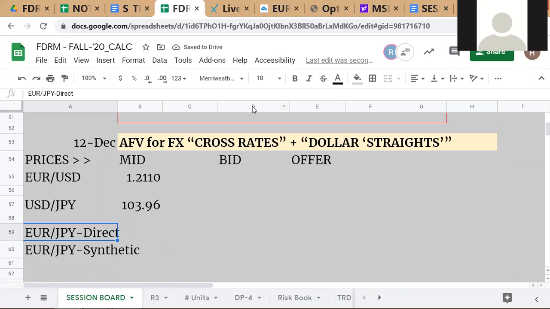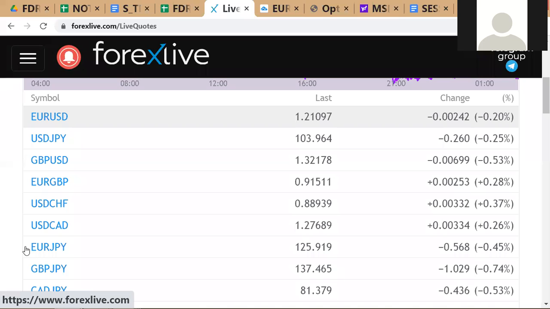So direct means what price can I get by trading directly in the market for Euro Yen, and there is a market for Euro Yen. It's an actively traded cross. It's the most actively traded cross actually. So 125.92, okay. 125.90, we'll call it 125.90. And so that's the direct price of Euro Yen.